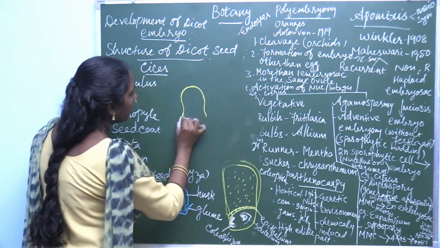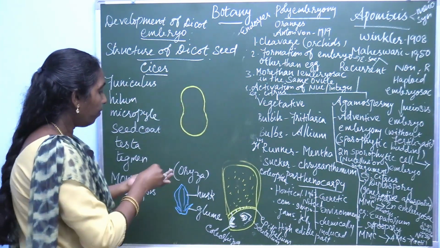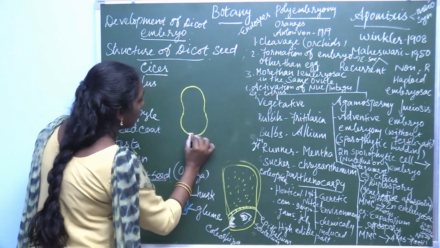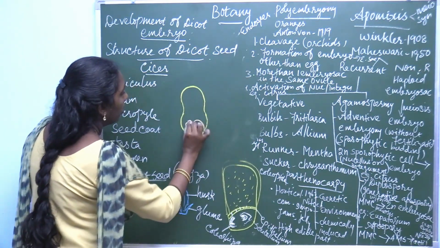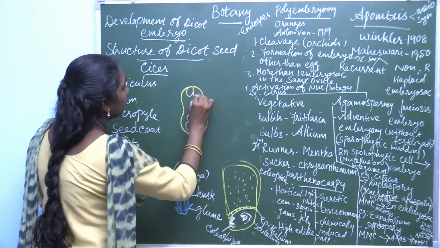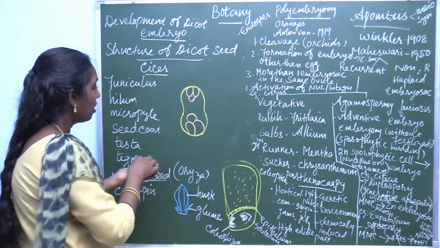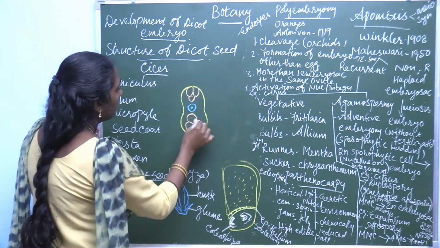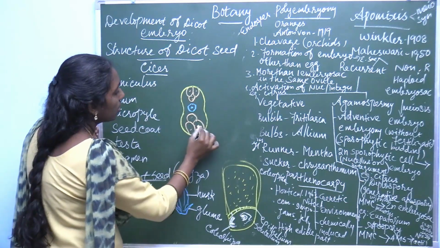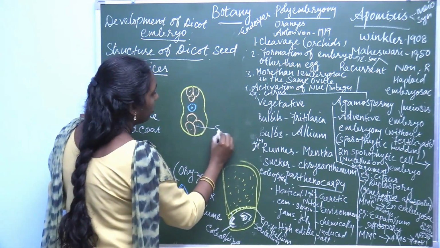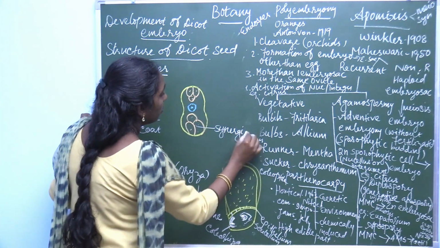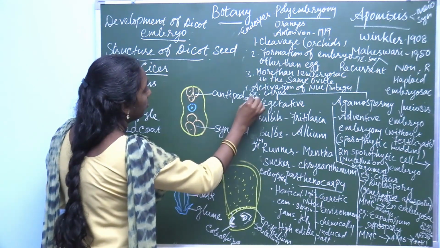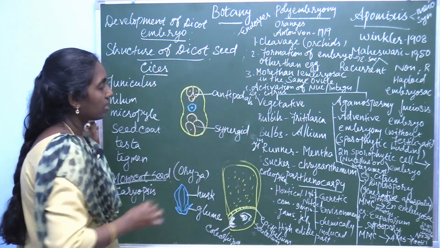This embryo sac consists of synergids, antipodals and secondary nucleus. These are the synergids, these are antipodals, and this is the secondary nucleus.